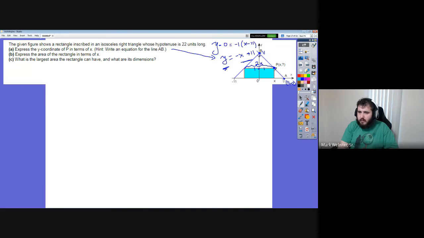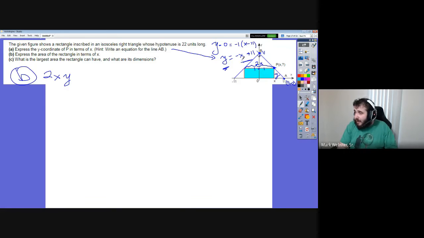And then what's the height? It's y. For part B, I would always begin with multiple variables. The area is length times width, so we know it's 2x times y. They say in terms of x, that means we need to get y in terms of x.